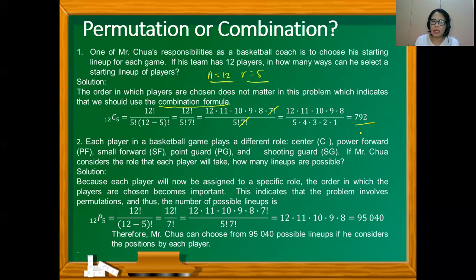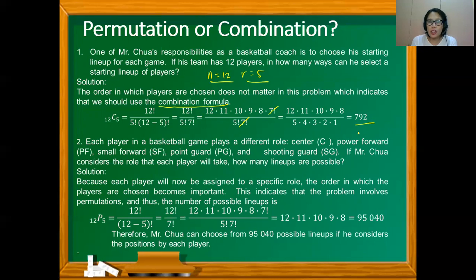Now in number 2, class, each player in a basketball game plays a different role. For instance, we have center, power forward, small forward, point guard, and the shooting guard. Now, if Mr. Chua would consider the position or the role of each player, how many lineups are possible?